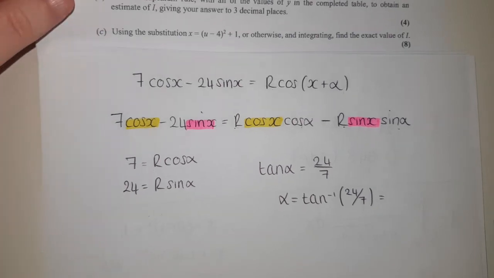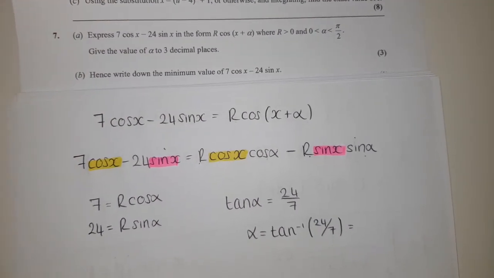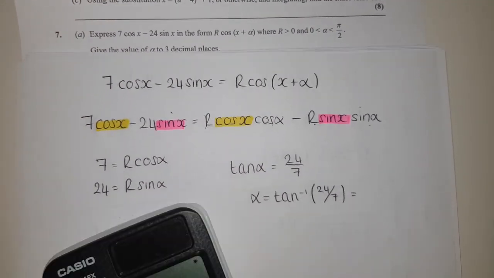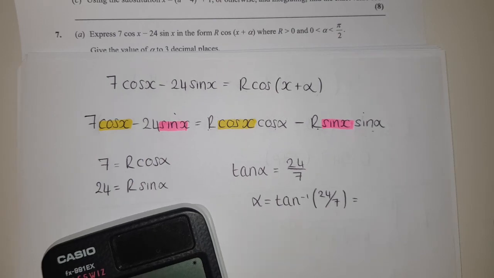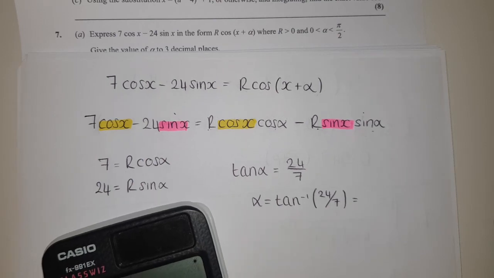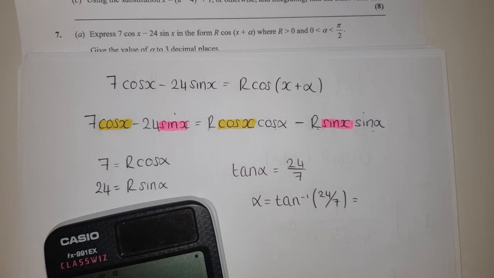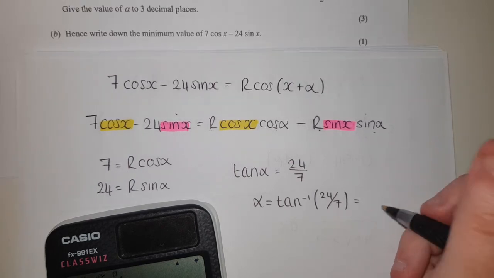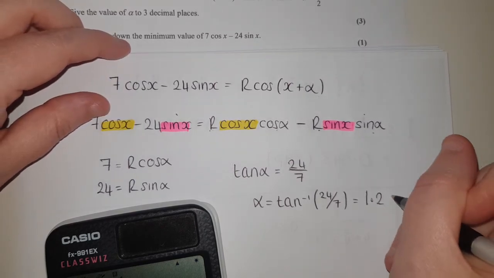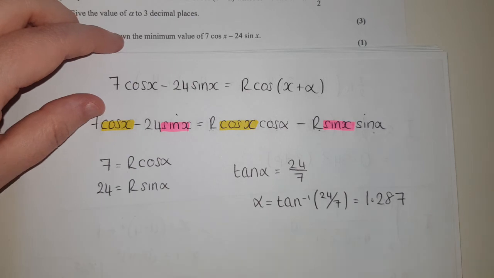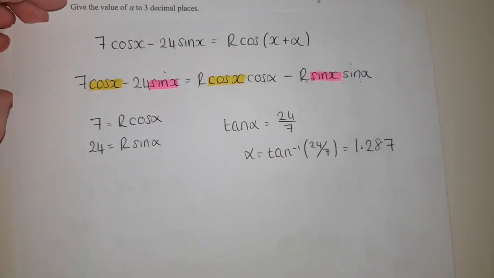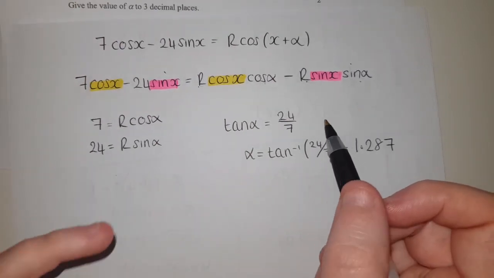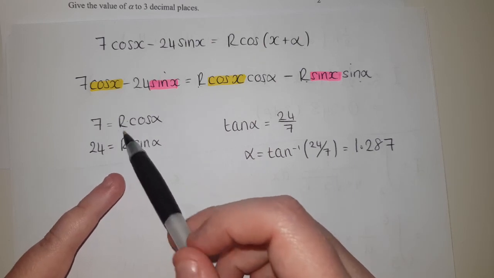And just remember, it did say between 0 and 2 pi, so you should be in radians. We get 3 decimal places, 1.287 radians.